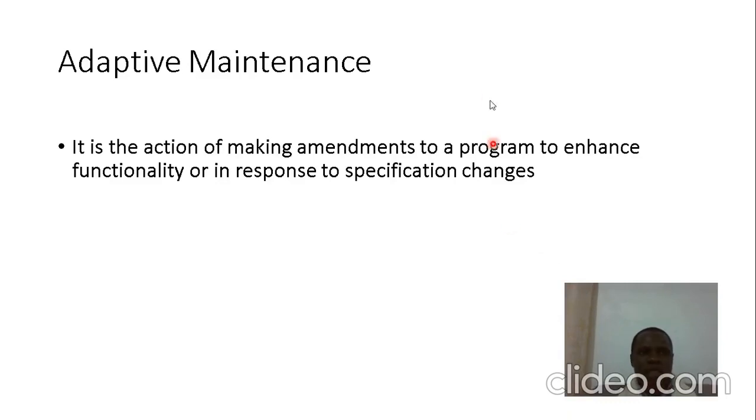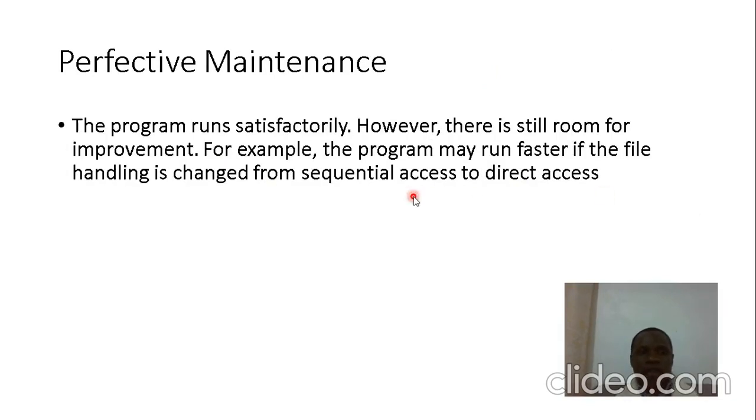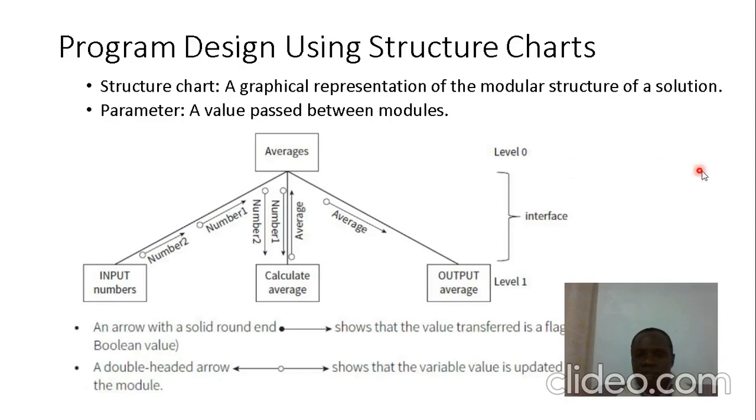So you have to do adaptive maintenance to enhance functionality or to respond to specific changes, whatever those changes are. Then also just to perfect the program. The program runs satisfactorily, yes. However, there's still room for improvement. So this is perfective maintenance. Okay, let's do this better. And this is a very common maintenance thing.